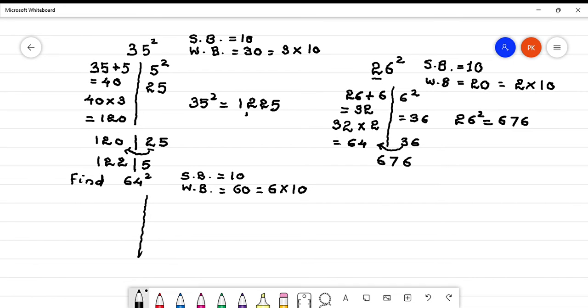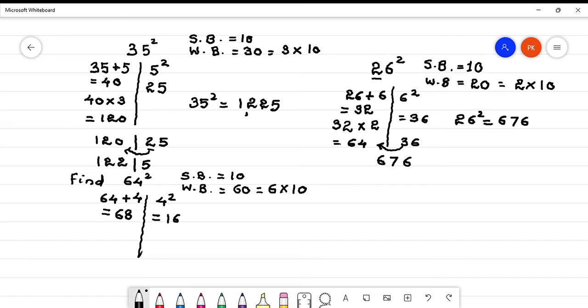On the right hand side of the partition, square 4. 4 square is 16. On the left hand side of the partition, 64 plus the excess number over the working base, that is 4. 64 plus 4, that is 68.